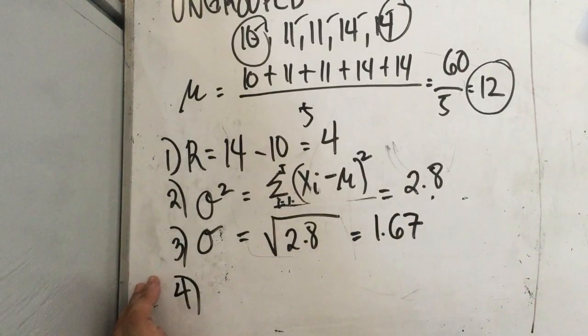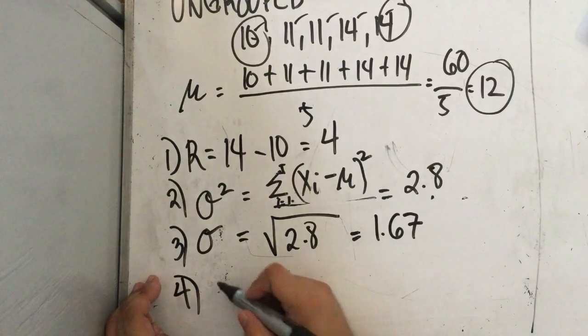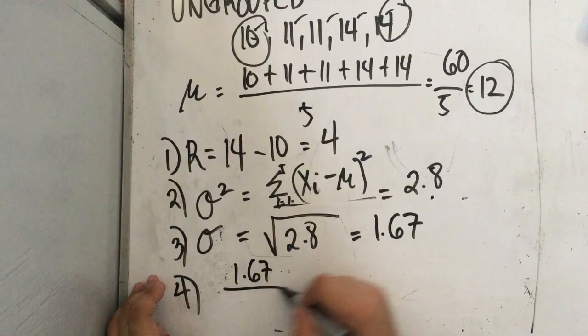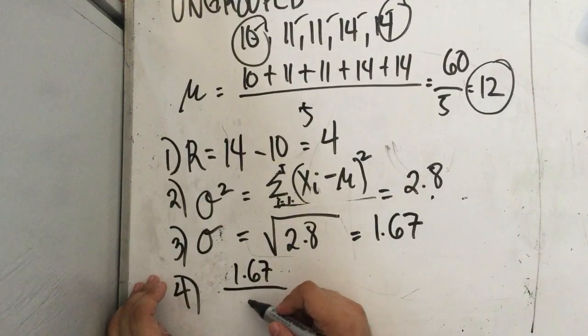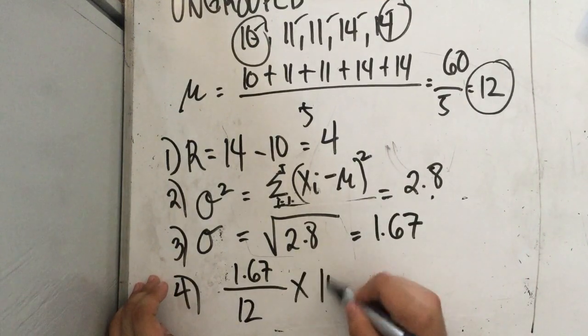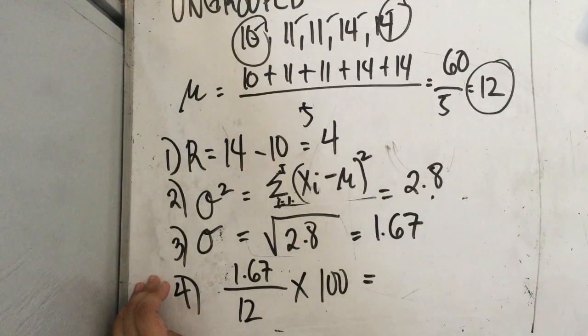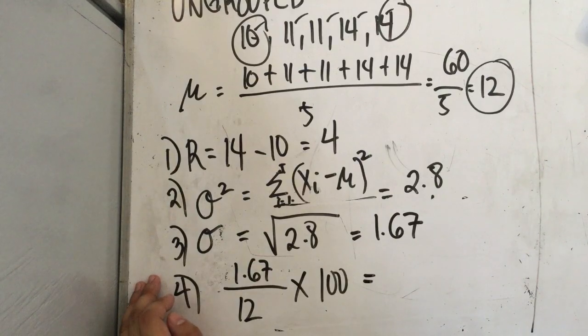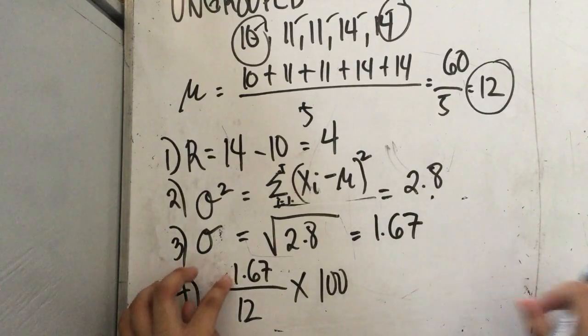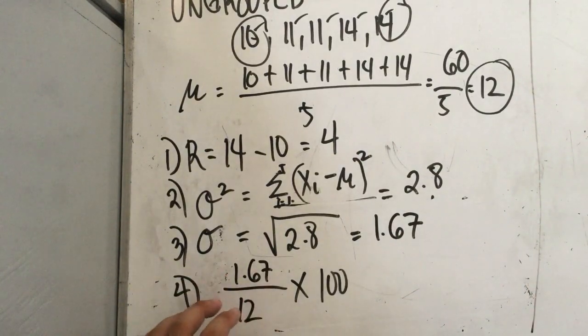And last one, getting the coefficient of variation, we have our standard deviation, 1.67, over the mean, which is 12, times 100. Okay, so that is our coefficient of variation. Okay, so 1.67, let's compute.